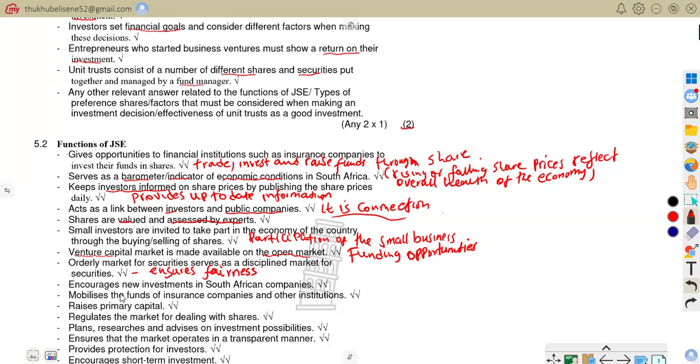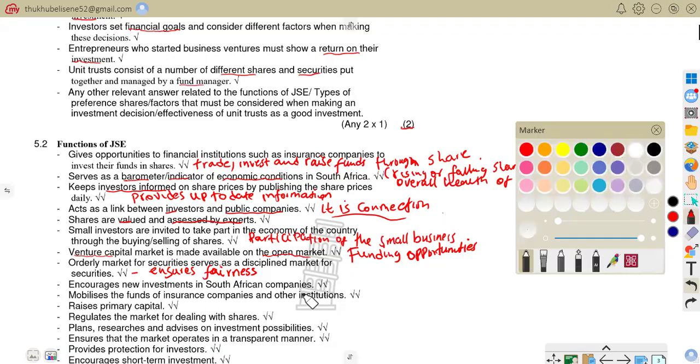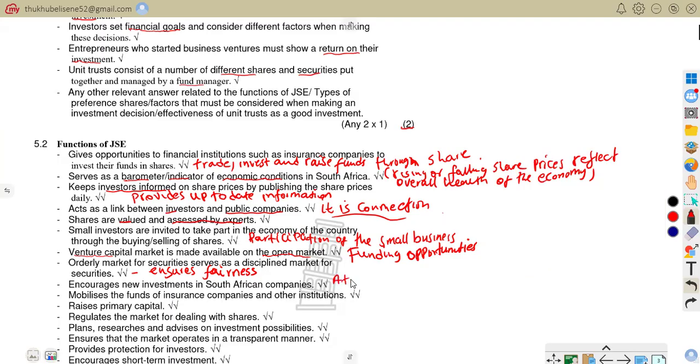So now let us move on. Also, another function is that it encourages new investment in South African companies. Meaning to say, it attracts investors to put money into companies.